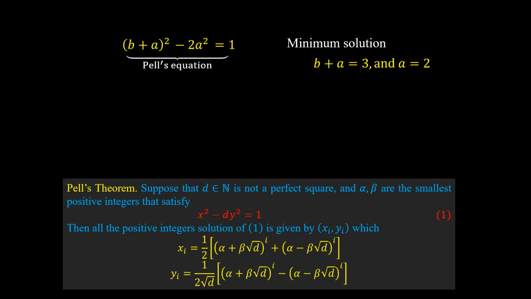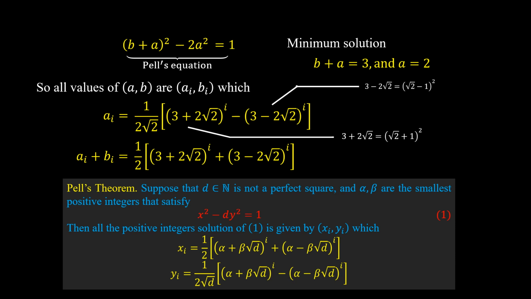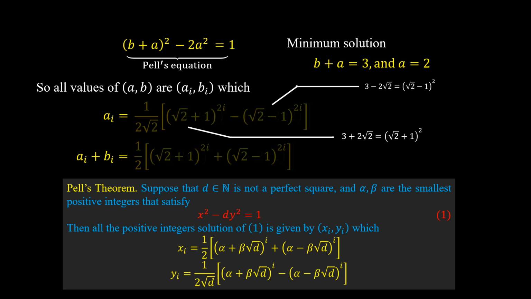So, by Pell's theorem, all values of a and b, a_i and b_i, satisfy this following yellow formula. Using the fact that 3 plus 2 square root of 2 is equal to square root of 2 plus 1, squared, and 3 minus 2 square root of 2 is equal to square root of 2 minus 1, squared, we have these values.